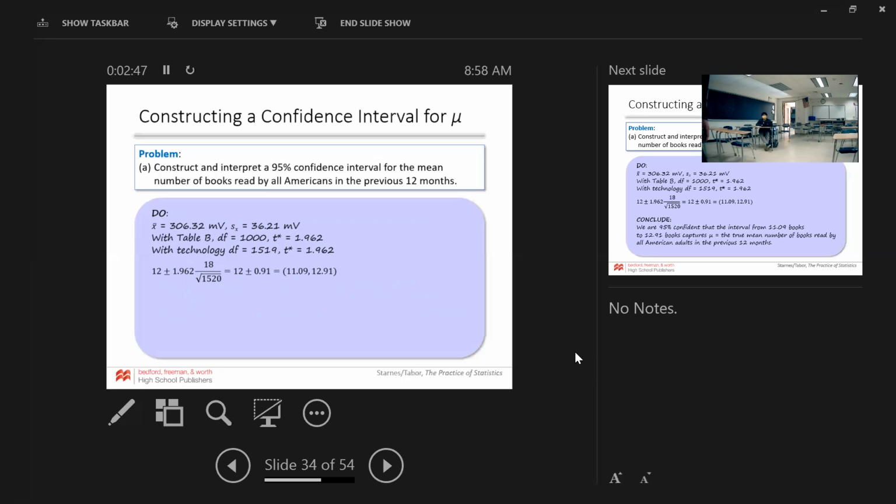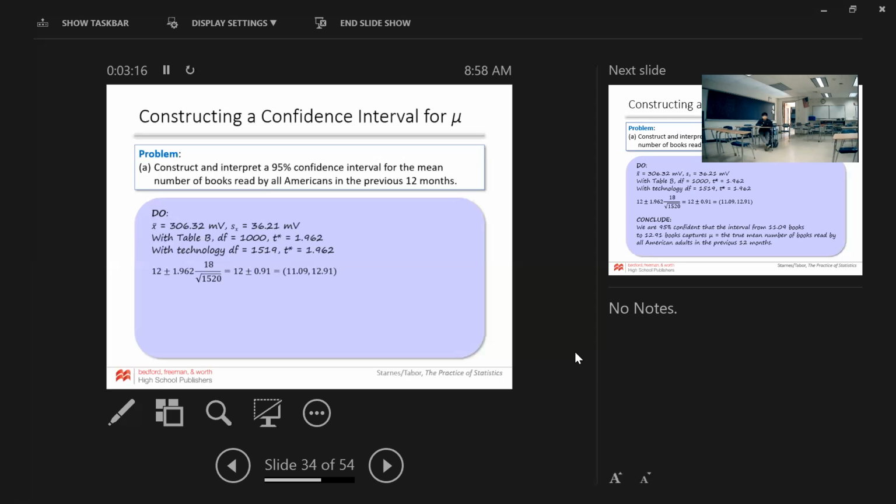So what's happening? We would have 12, which was the mean, add or subtract the critical value. And where are you getting the critical value? You want a 95% confidence interval, but in effect, what are we doing? The sample size is so large, we're really using a normal distribution.